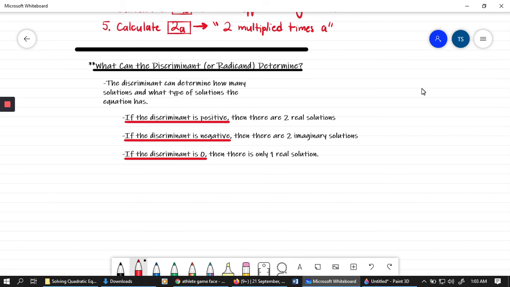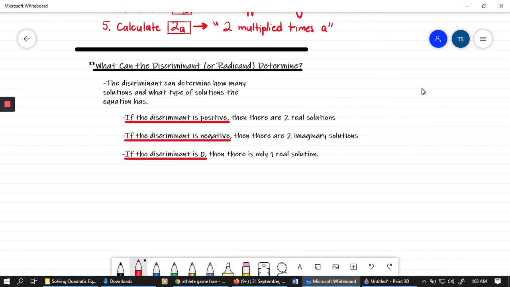So here we go, folks. In order for you to determine how many solutions and the type there is, it goes like this. If the discriminant is positive, then there are two real solutions.